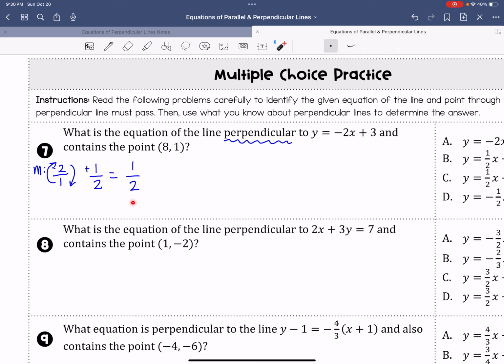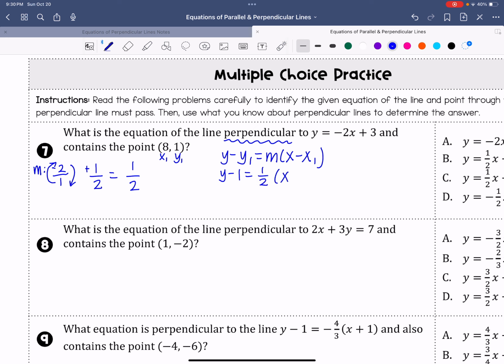So I've been given a slope and a point. I'm going to label my point as x1, y1. And I'm going to go ahead and plug this into my formula, y minus y1 equals m times x minus x1. And I'm going to plug in my information. So I have y minus 1 equals my slope, which is 1/2, parentheses x minus x1, which is 8.